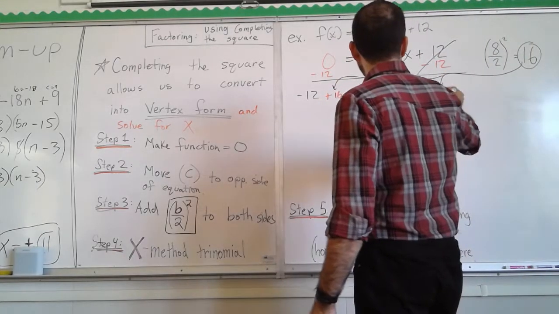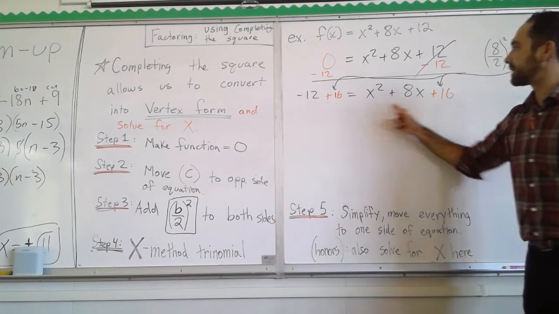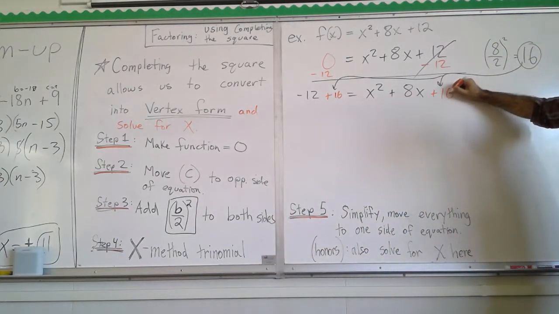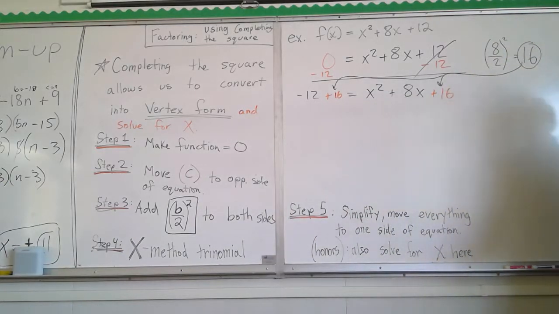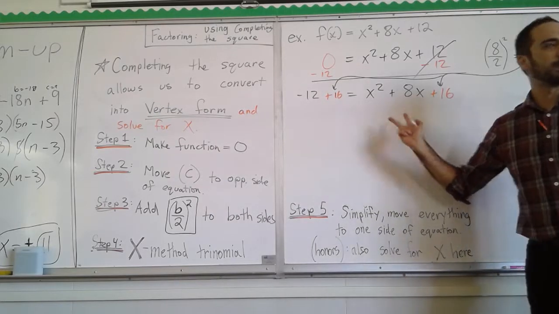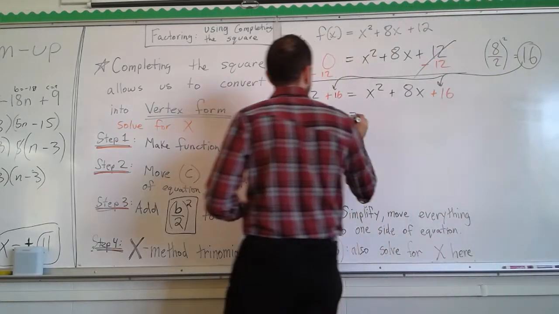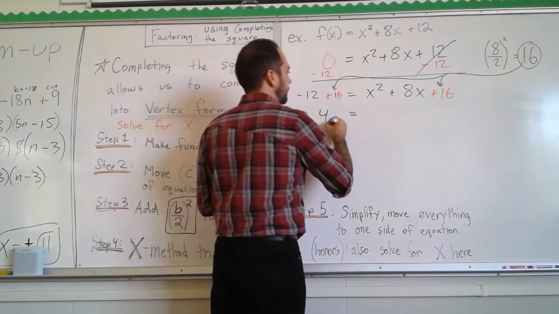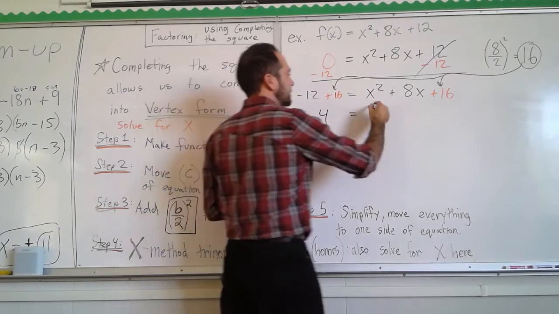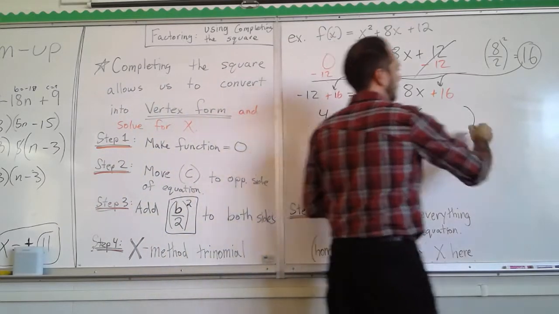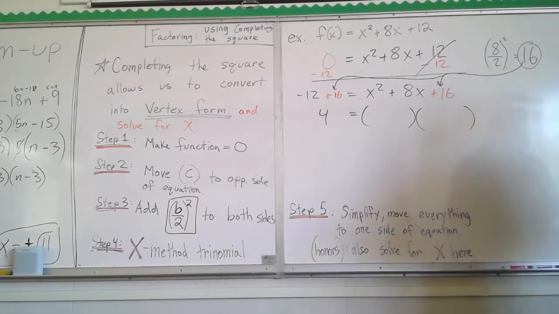What that allows us to do is now have a trinomial to work with on the right side that is easily factored. Completing the square, that idea of a squared value, is going to come into play right here. So I know on the left side we end up with positive 4, but the right side, this is where I want to use the x method to factor that into 2 expressions.